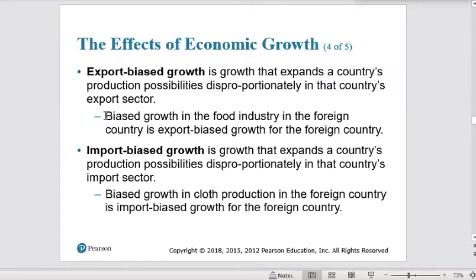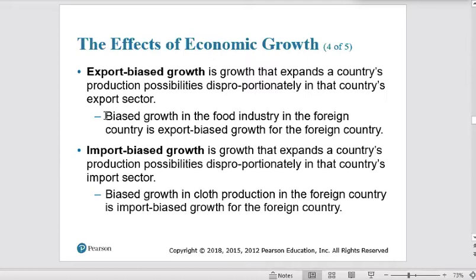But now we are looking at the export-import side of the story. The country exports and imports, right? And what happens when there's economic growth in the export sector?